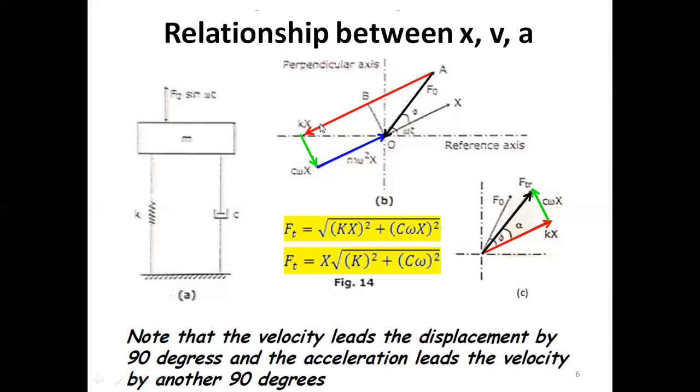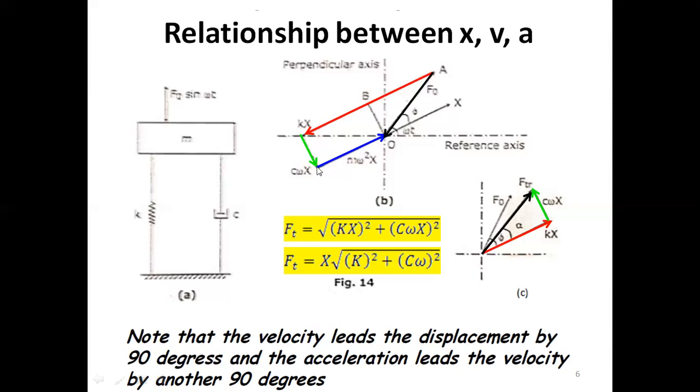Adding these two vectors, the third vector is the acceleration vector, or inertia force. The inertia force is m omega square capital X, and it is because of the acceleration.